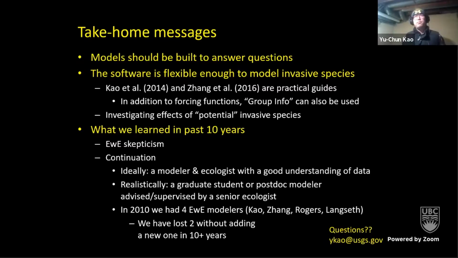so yeah, if you want to use mediation, we did use mediation, and in that case the mediation would be linked to the driver of that mediation, which would be the biomass of zebra and quagga mussel.